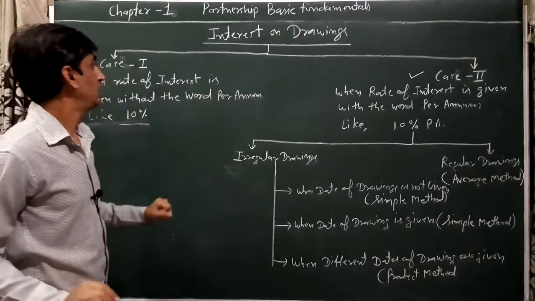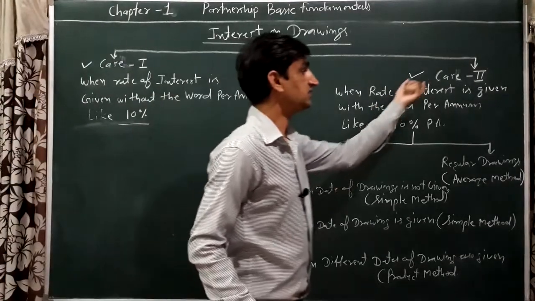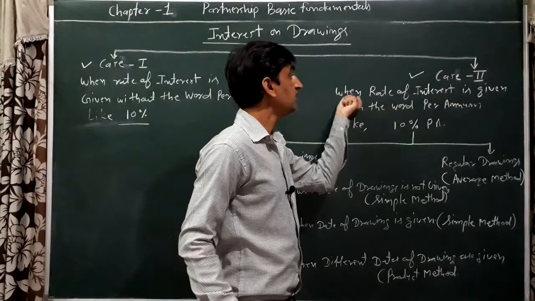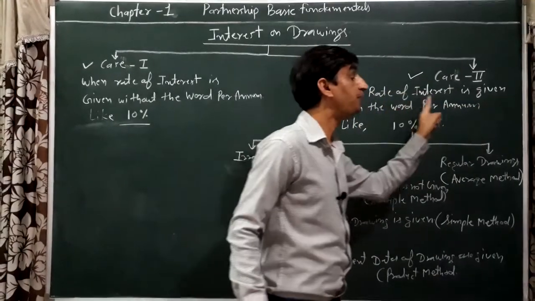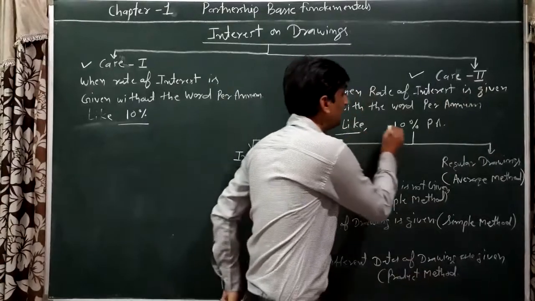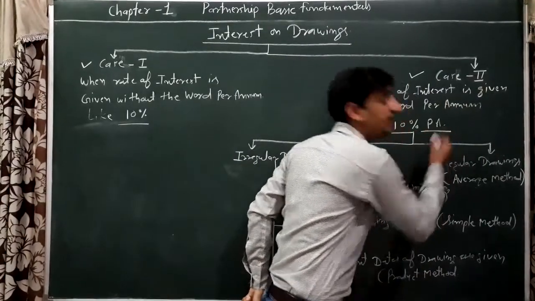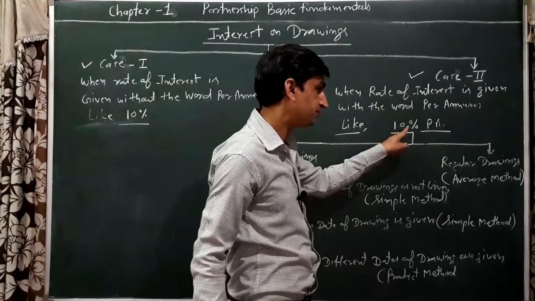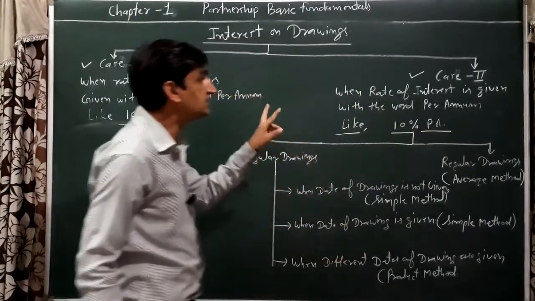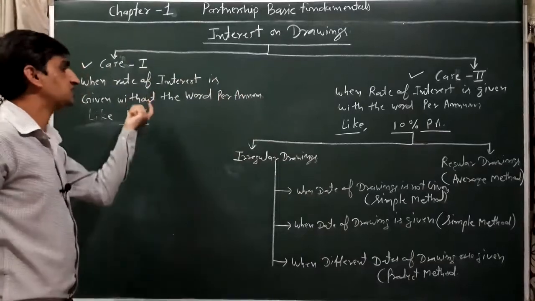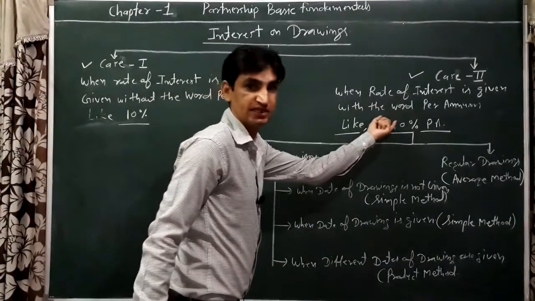And case second: when the rate of interest is given with the words per annum, like 10% per annum. After the interest rate, the words per annum are given. This is the common difference between case first and case second.